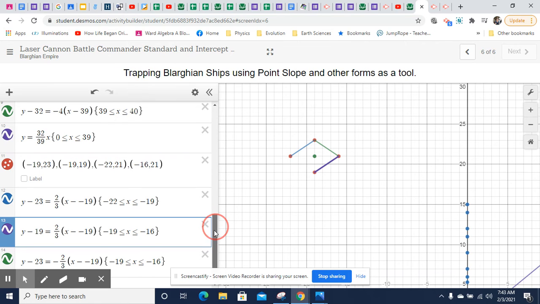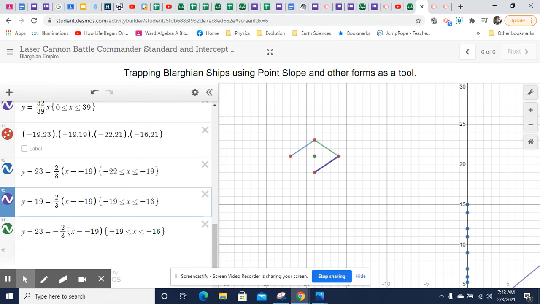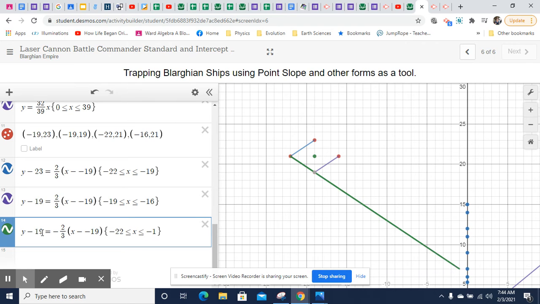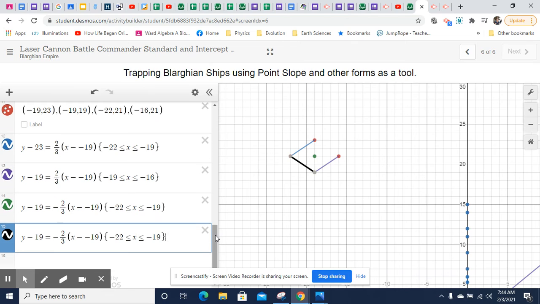Okay, now let's go to this one here, and we're using this same point. So this is negative 19, 19, so I just need to change this to 19, and I need to fix my inequality, so it is now negative 22, and that's negative 19, so that it goes through those 2 points. It looks like I accidentally moved a line, so hang on.